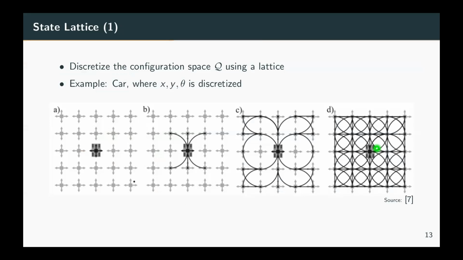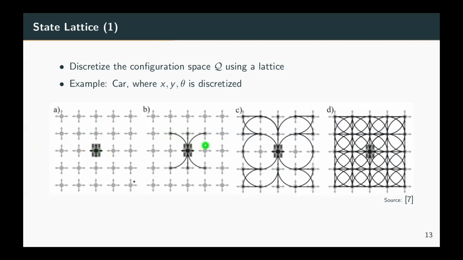Okay, and then what do we do? As I said, you have to discretize your configuration space using some sort of lattice. Here's one example with a car. We create this grid-like structure for the different positions. And we also say that the car can be oriented at different angles. In this particular case, X and Y are in a grid-like structure, and theta just has 4 options: forward, left, right, and backwards.